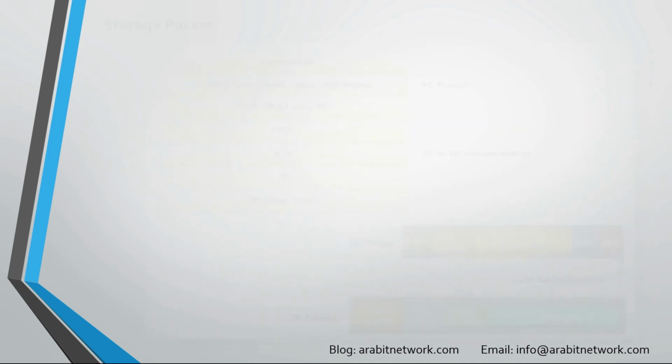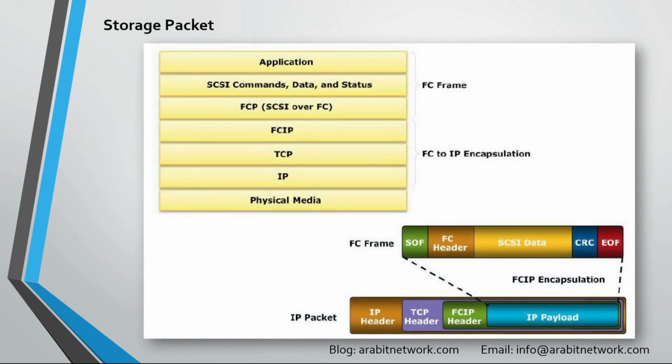Great. So let's have a look at the storage packet. This is a bit similar to the OSI model, if you are aware of the OSI model. This is the Fiber Channel frame.